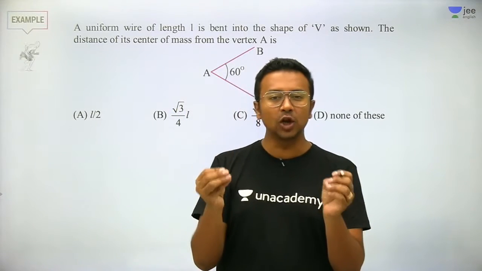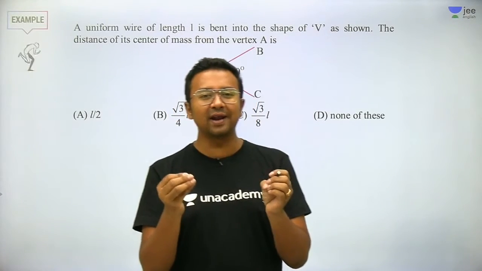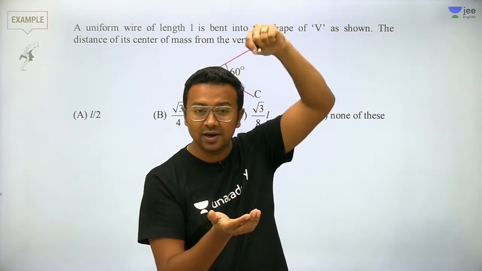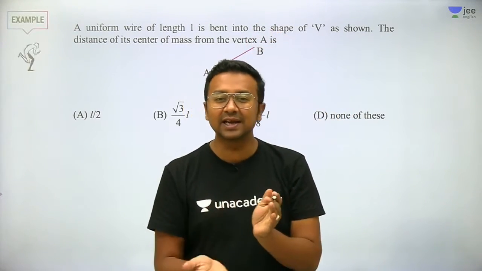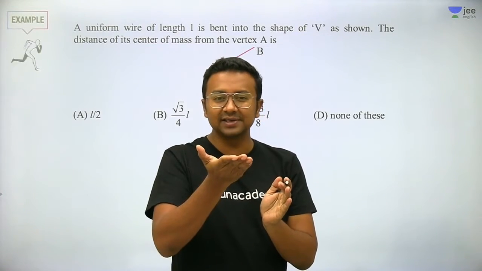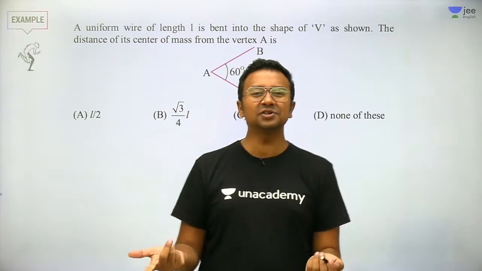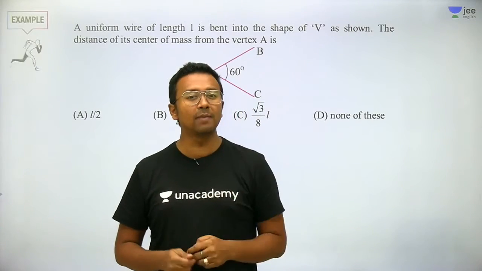They said there is a solid cone, and you need to find the location of the center of mass from the top of the cone. Generally in the books it is given from the bottom, that is h/4. So from the top it will be 3h/4, right? Such a simple question, and you could have scored 4 marks.